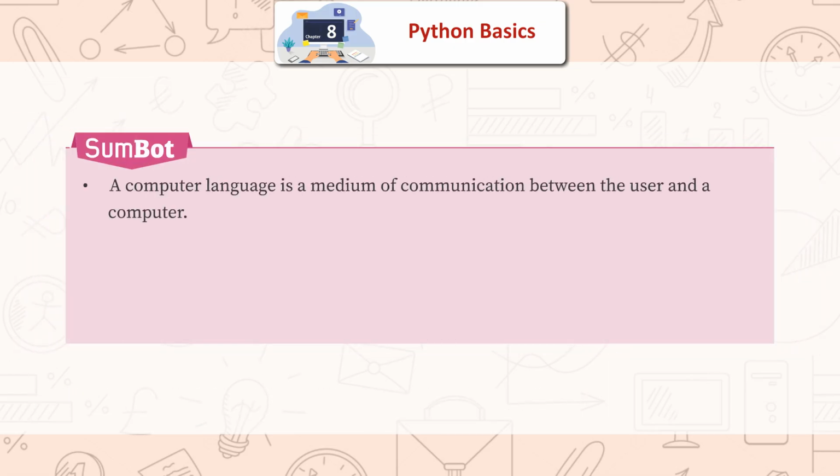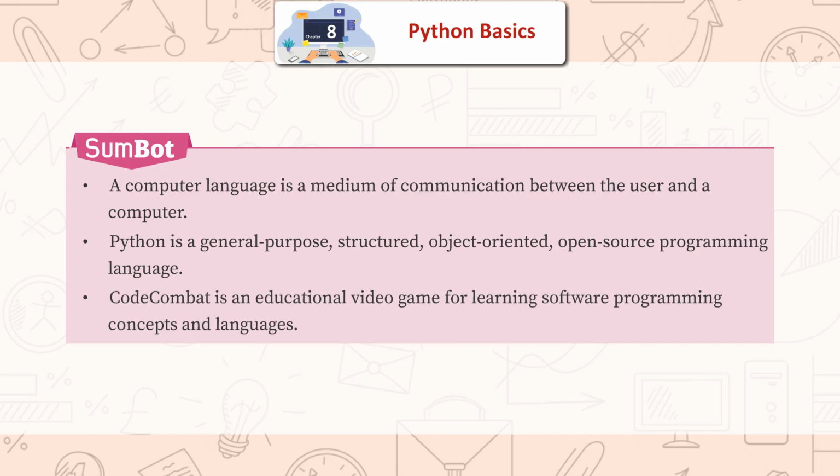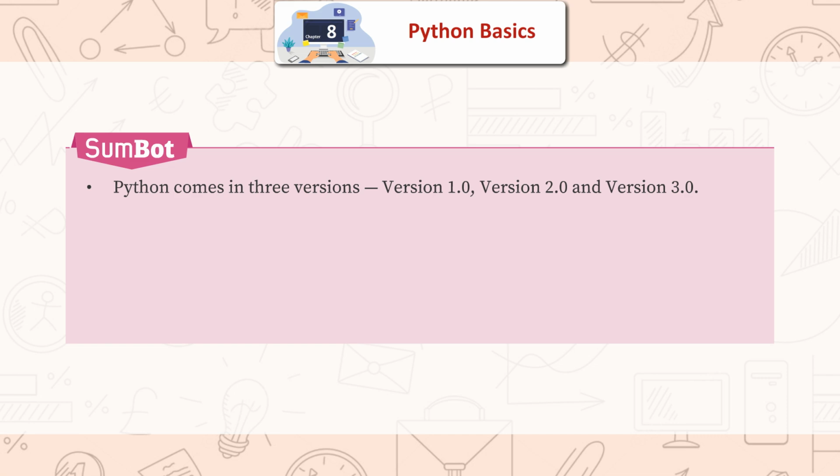SumBot. A computer language is a medium of communication between the user and a computer. Python is a general-purpose, structured, object-oriented, open-source programming language. Code Combat is an educational video game for learning software programming concepts and languages. Python comes in 3 versions: version 1.0, version 2.0, and version 3.0.